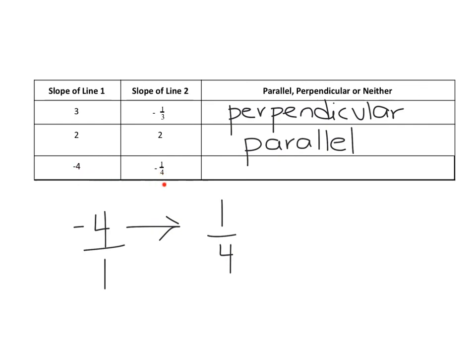So because they're not negative reciprocals, that means that these lines are also not perpendicular. So they're not parallel because the slopes are not the same. They're not perpendicular because these slopes are not negative reciprocals. So that means that they are neither. Perhaps they just intersect in some other way.